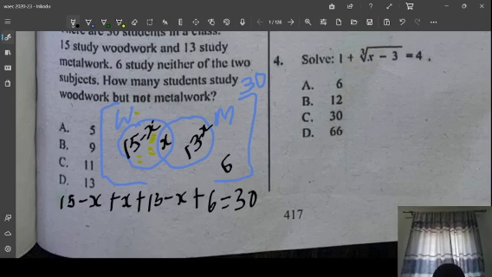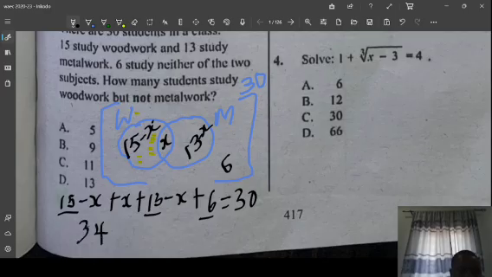So when you sum that up together, you collect like terms. We are going to collect 15 plus 13 plus 6. That's going to give you a total of 34. Then minus x plus x will cancel each other, and you're left with minus x equals 30. So you just simply need to collect like terms here.